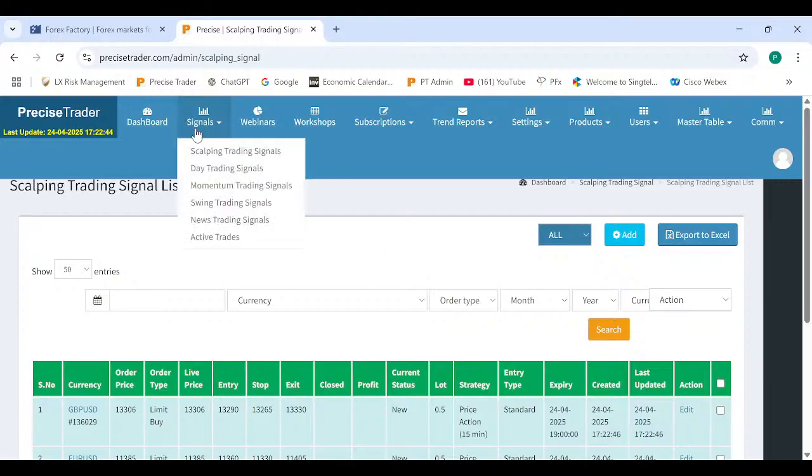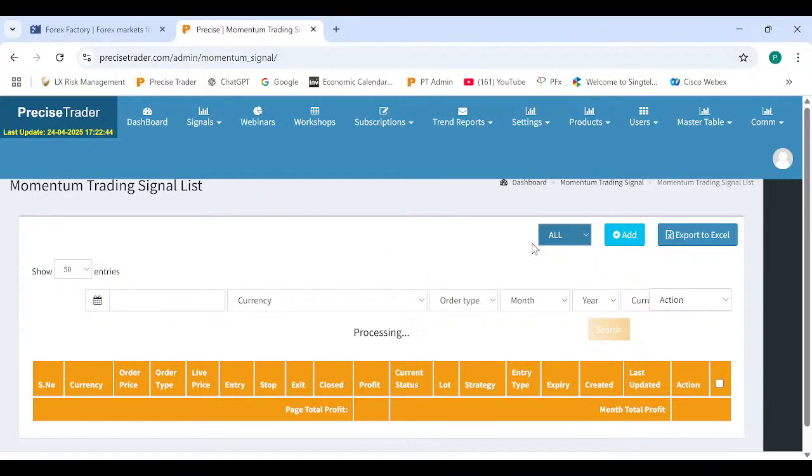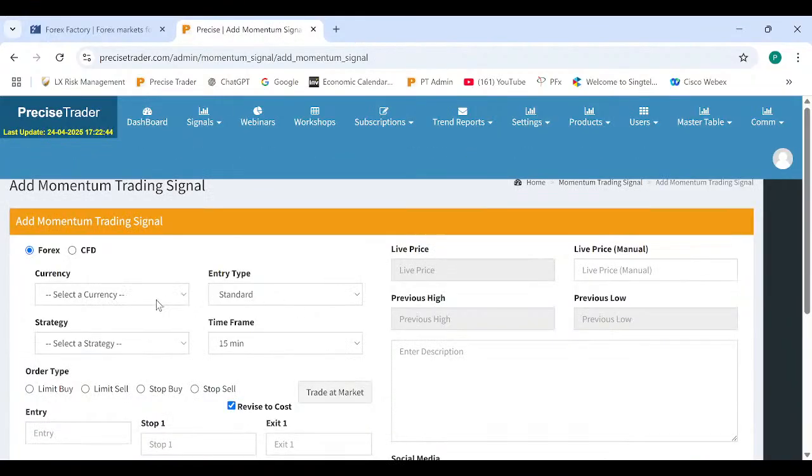Then the next trade is going to be, okay, 133.40, stop at 70, and TP at 132.90.